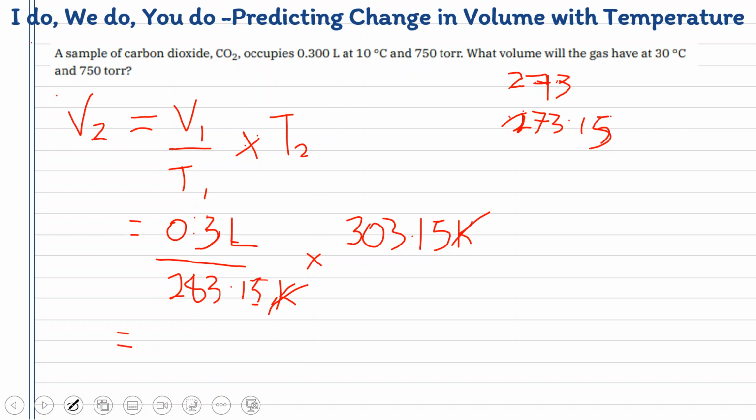Now the rest is a calculator. I'm going to grab my calculator here and do this real quick.